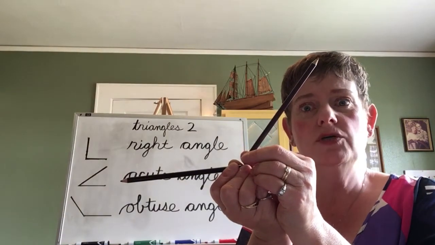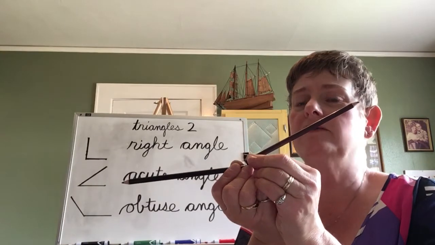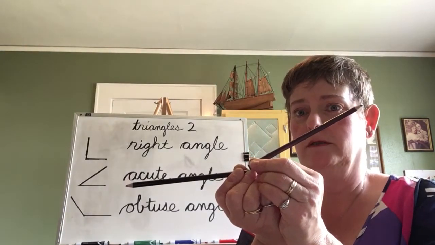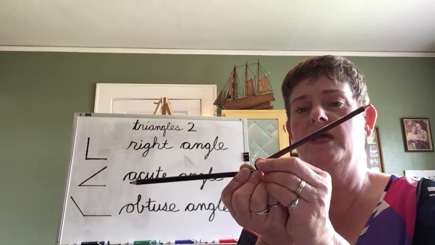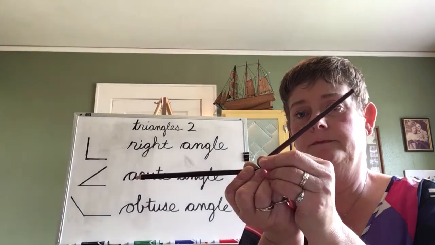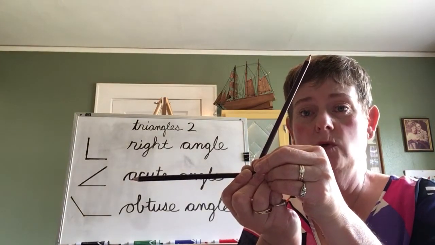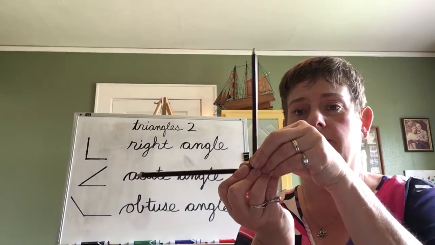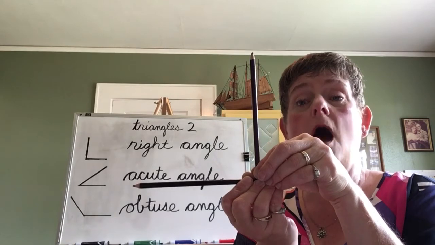Let's make it more obtuse. Wow, that's very obtuse. That angle is so obtuse. Let's make it a little less obtuse. Let's bring it right back up into a right angle. We have a right angle. Let's go back to an obtuse angle.